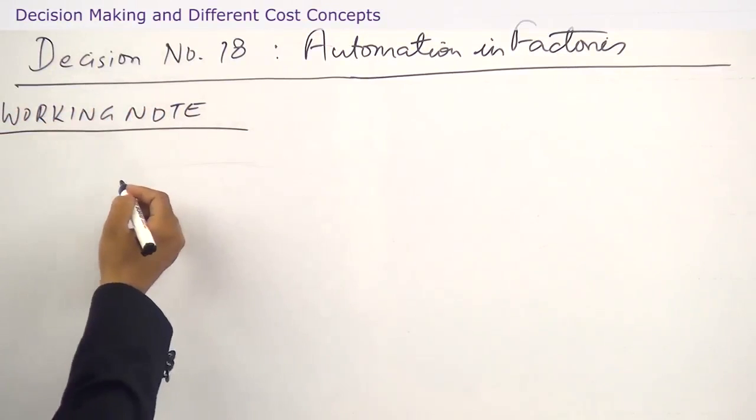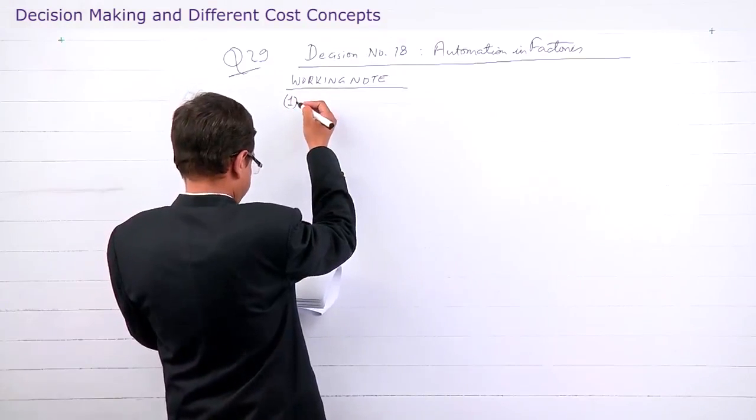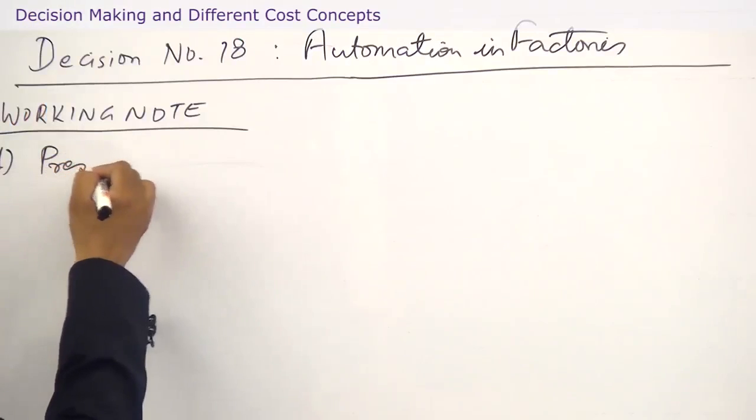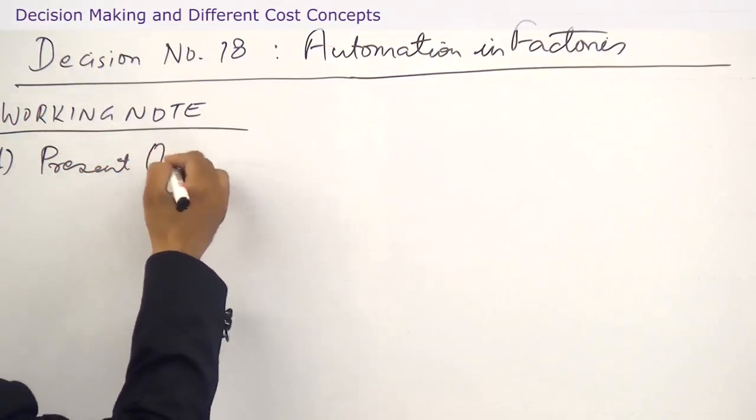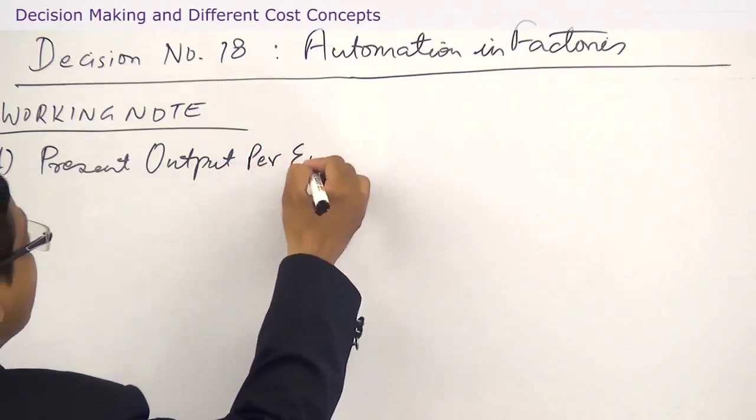So, working note number 1, present output per employee.